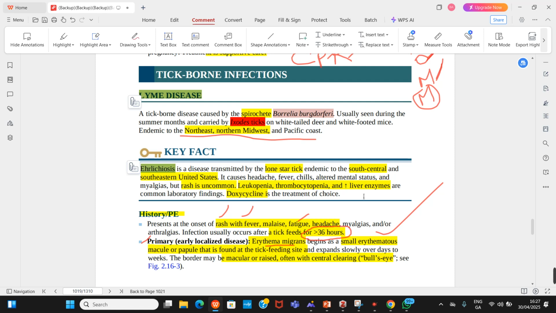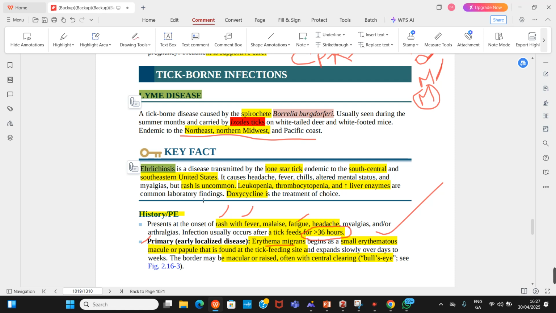One thing to always look out for with respect to ehrlichiosis is the lab studies. Sometimes you can see that there might be leukopenia, but relatively the monocyte count is going to be high, because ehrlichiosis organisms typically infect the monocytes.